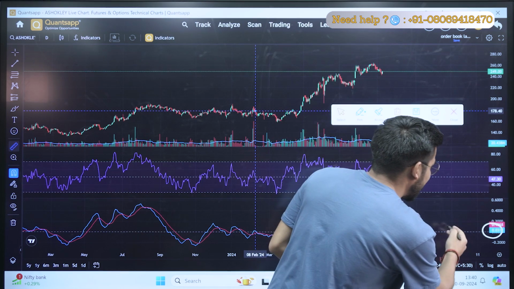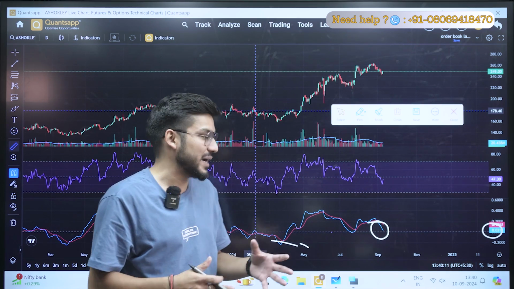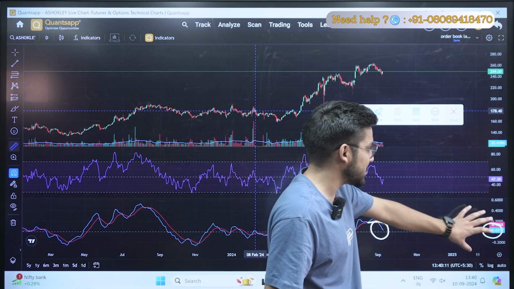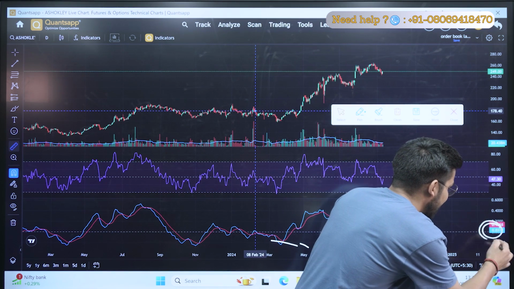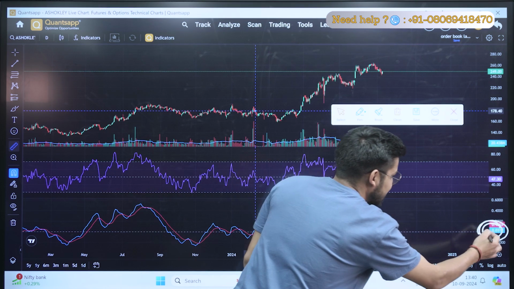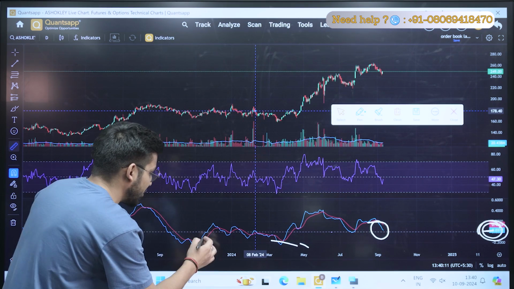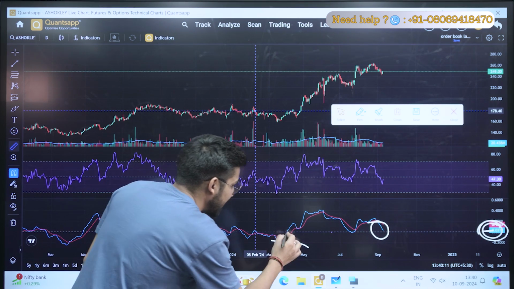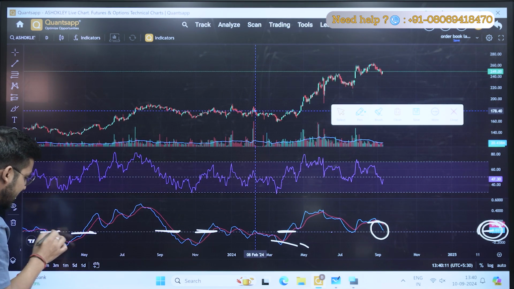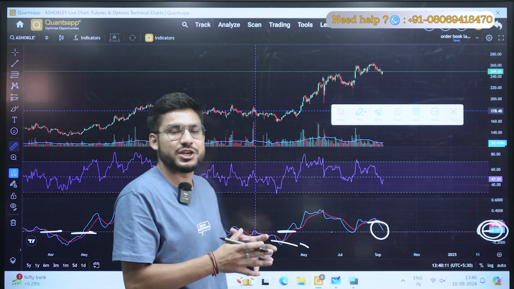Whenever it is greater than 0, only then I'll take my trade. Right now I'm not getting 0 here, but I can see there is an average value of 0.31. So I'll take this as a level, and whenever my market crosses this level, for example it has crossed here and here, this is the average value of this true strength index, at that time I'll initiate my trade.